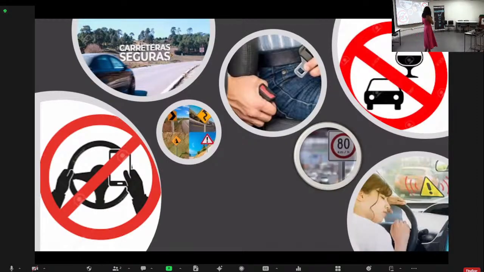And actually, as a measure, among the activities that the governments are doing, there is a campaign, Carreteras Seguras, and they promote the security of all passengers. Maybe with don't drink or don't use the cell phone and other signals that can protect us.